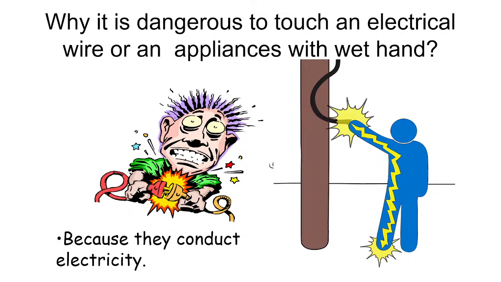Yes, because these electrical appliances work on electricity, and when you touch with your wet hand, electricity or electric current is passed from that appliance to your body. Therefore, it is very dangerous to touch electrical appliances with wet hand.